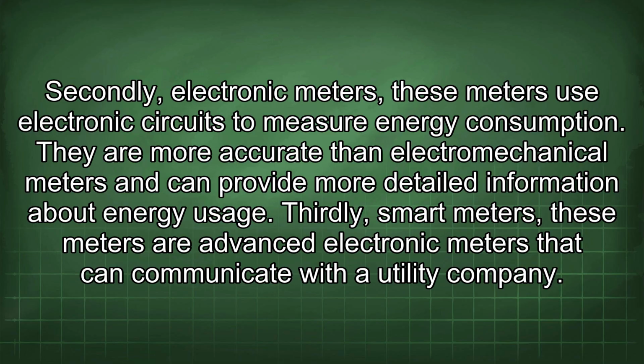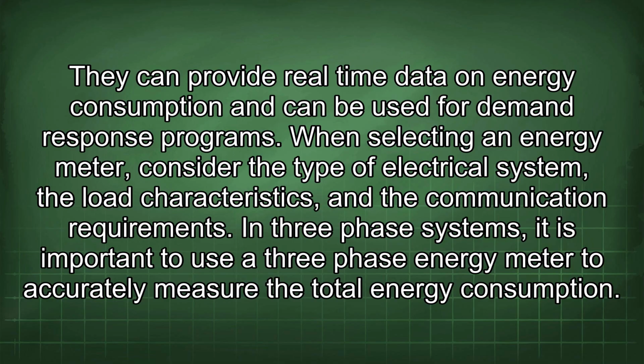These meters use electronic circuits to measure energy consumption. They are more accurate than electromechanical meters and can provide more detailed information about energy usage. Thirdly, smart meters. These meters are advanced electronic meters that can communicate with a utility company. They can provide real-time data on energy consumption and can be used for demand response programs.